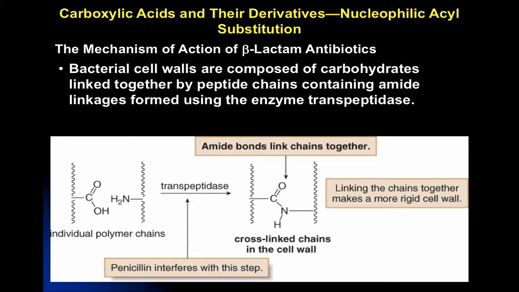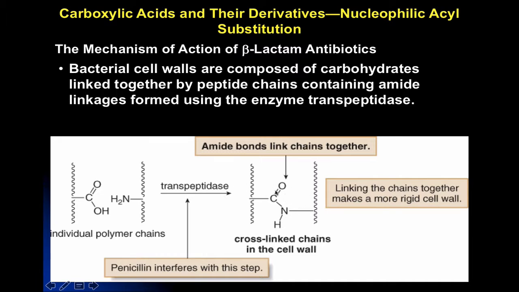The way that this works is in bacterial cell walls. You actually have these individual polymer chains, and you have this protein, or enzyme, called transpeptidase, which links a primary amine with a carboxylic acid to make an amide, and it cross-links the cell wall, making it very, very rigid.